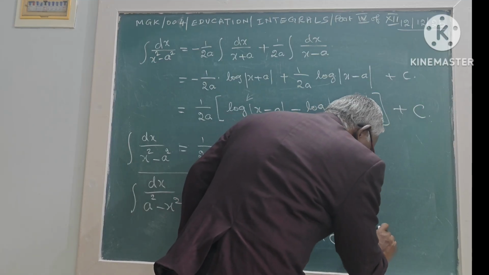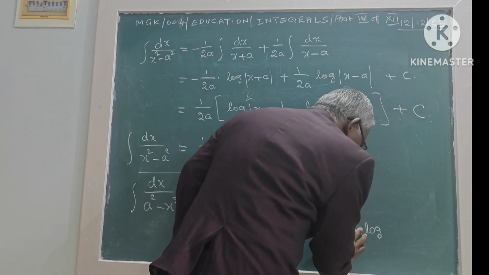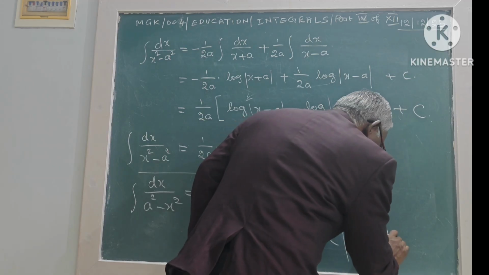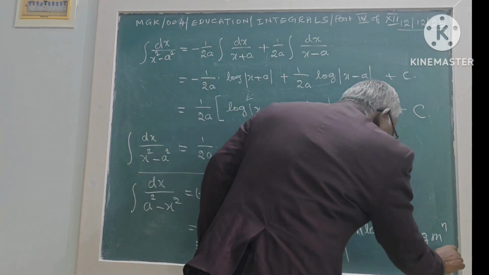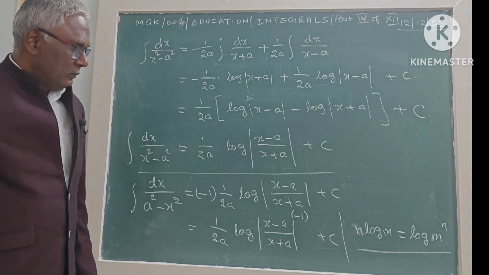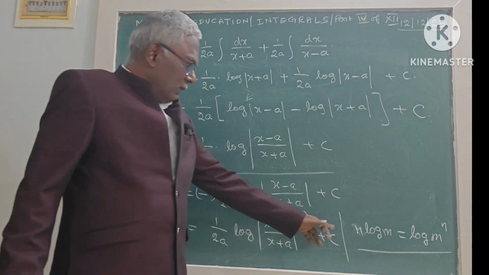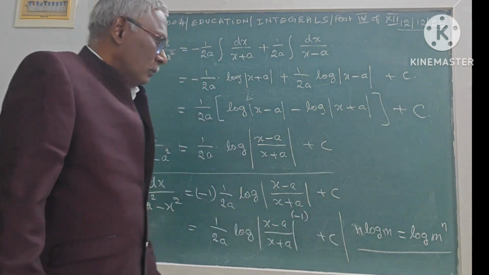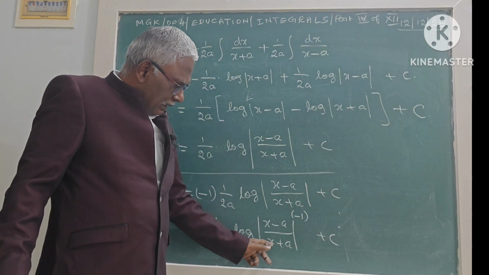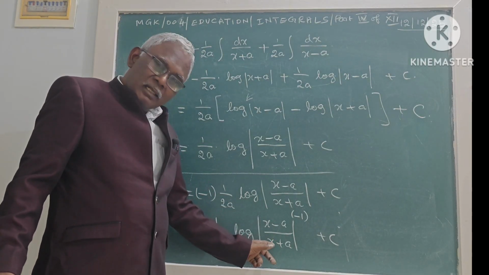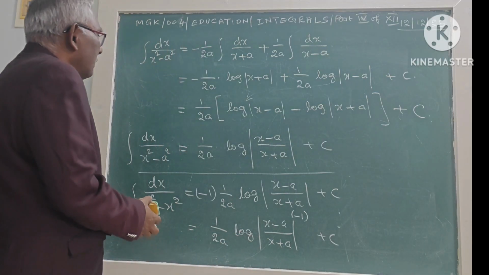We use the formula m log n, or n log m, is equal to log m power n. Here n is minus 1. So when it is minus 1, you have to take x plus a to the numerator and x minus a to the denominator.